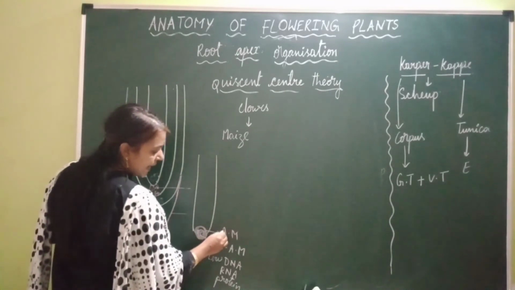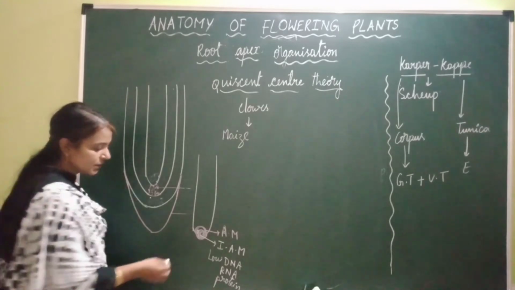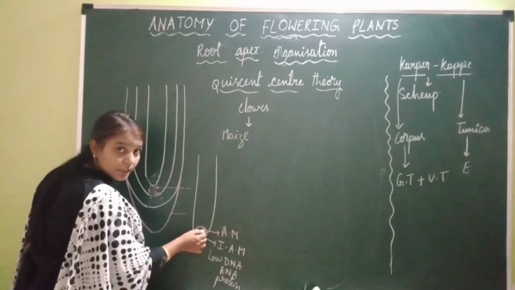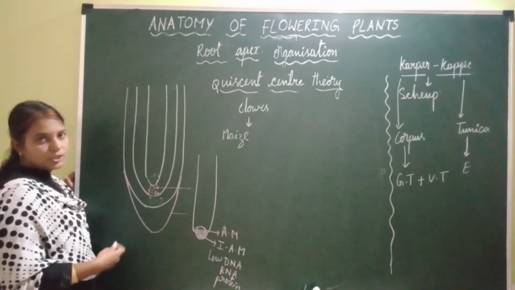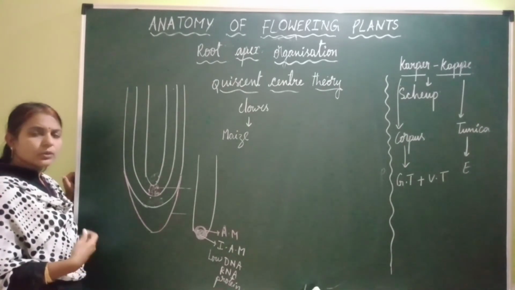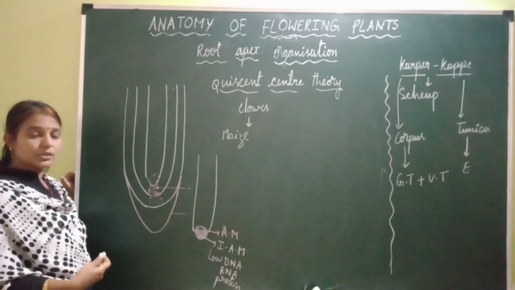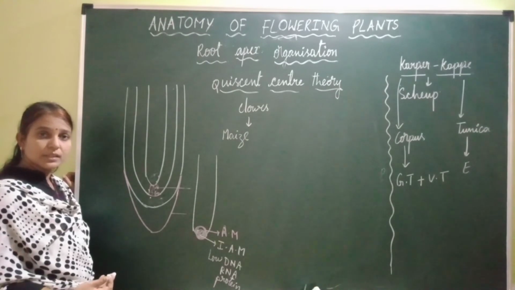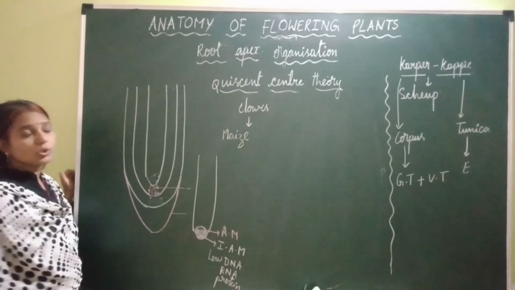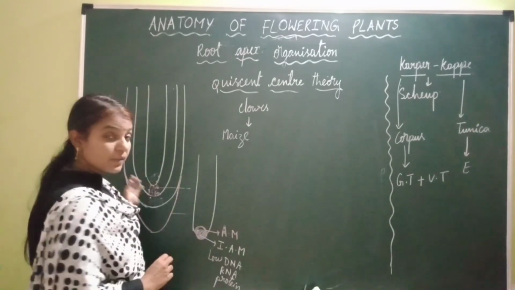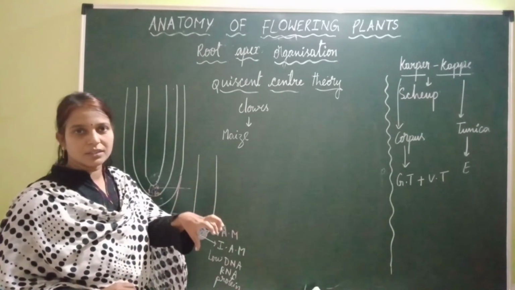When this active meristem undergoes damage, the quiescent center, the meristematic tissue present at the center, becomes active and starts functioning. Its function is to undergo cell division. By undergoing cell division, it produces many cells, and those cells get differentiated into different types of primary permanent tissues of the root. So this is called quiescent center, where the meristematic tissue is in a resting stage.